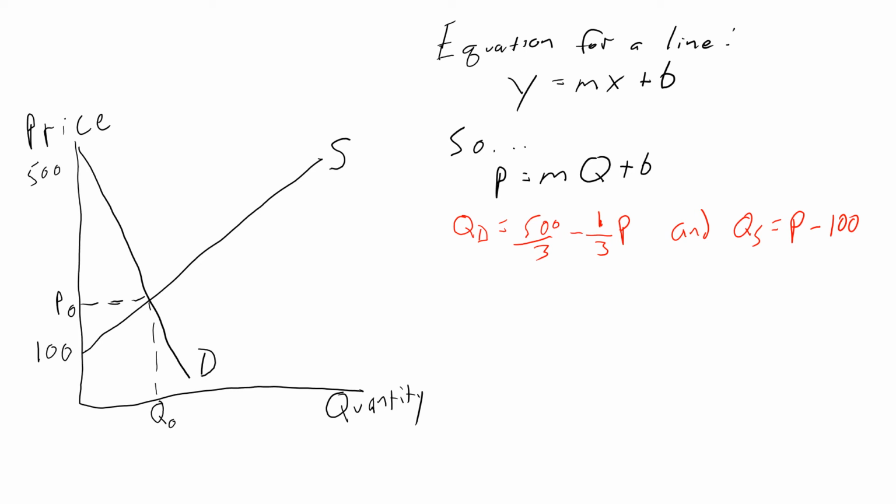So once again, we have two equations here and here, and two unknowns, being our equilibrium quantity and price.